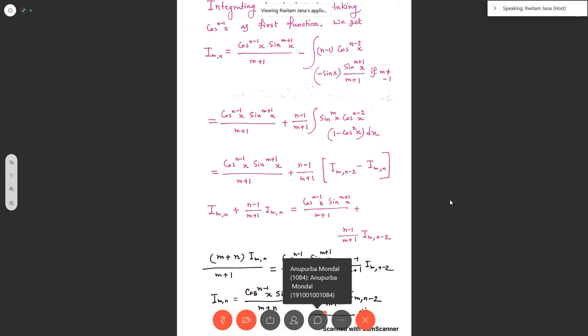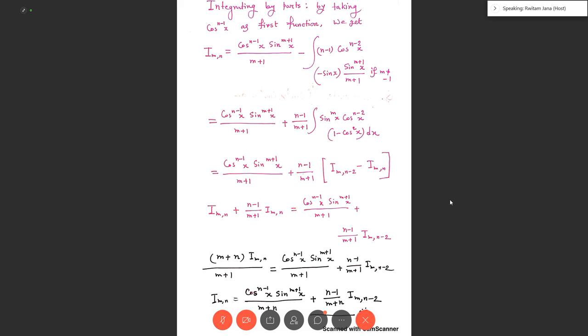And you know from basic trigonometry that sine square x is nothing but 1 minus cos square x. If you multiply it out, you will get this step.